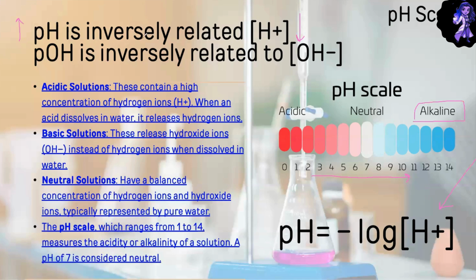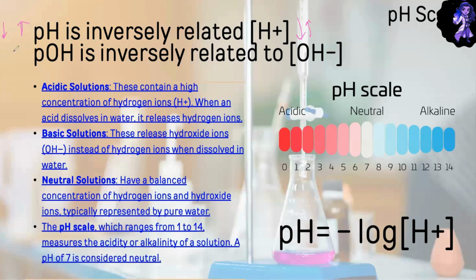And vice versa, if you have a pOH concentration and that were to go down, that would be inversely proportional to the OH concentration. So to recap again, if pH goes up, our hydrogen concentration goes down. If our pH goes down, our H concentration would go up.